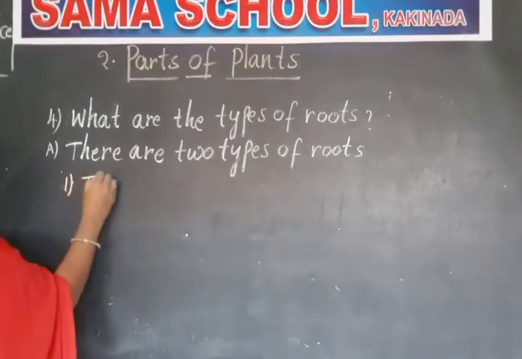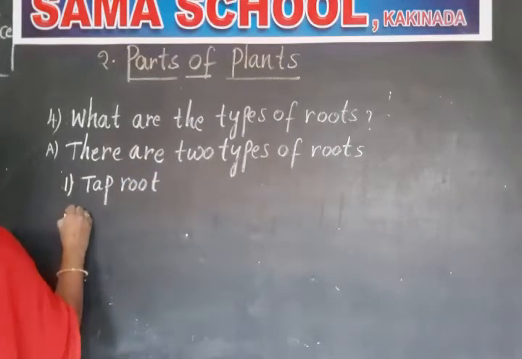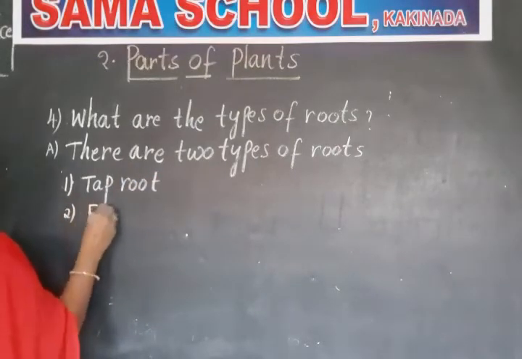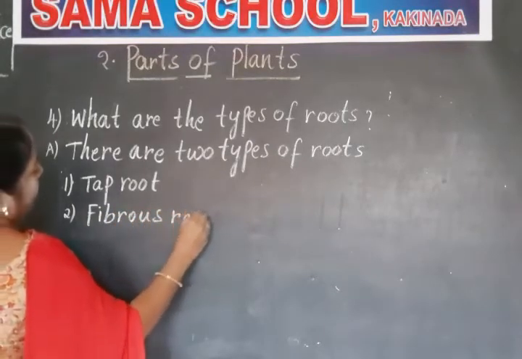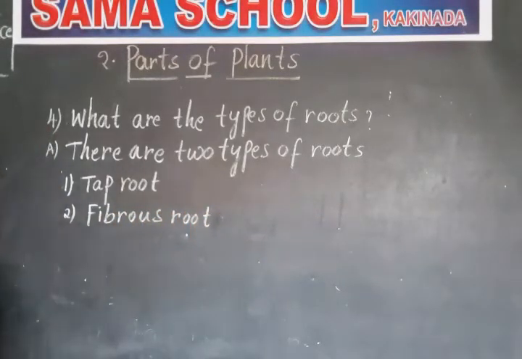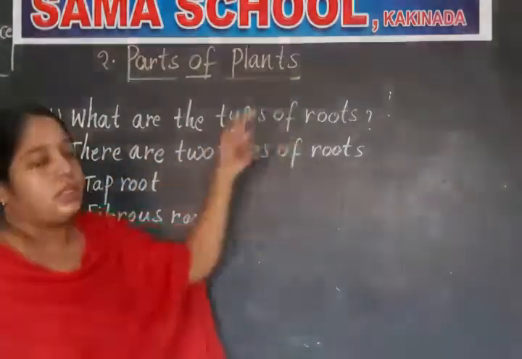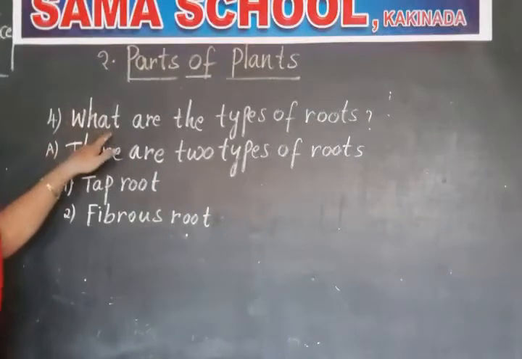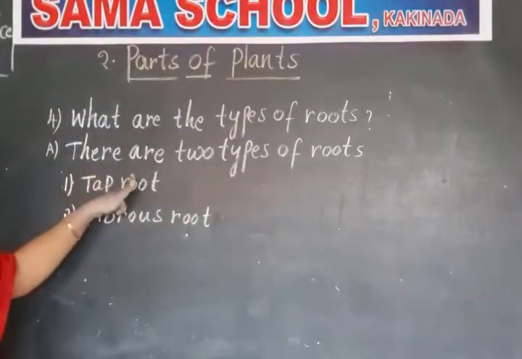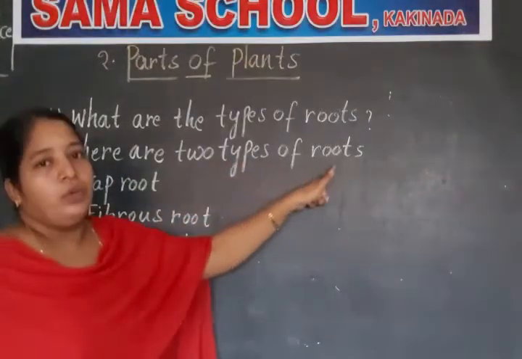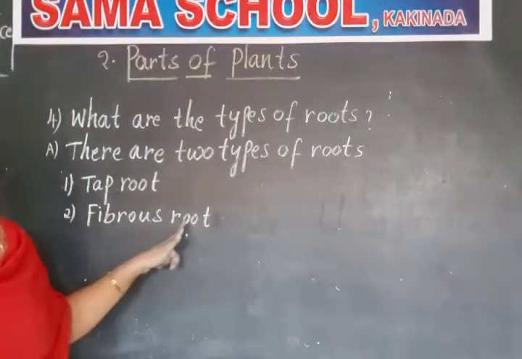One is taproot and the other one is fibrous root. What is the question, children? What are the types of roots? There are two types of roots. One is taproot and the other one is fibrous root.